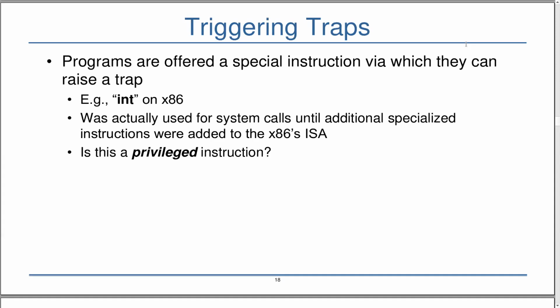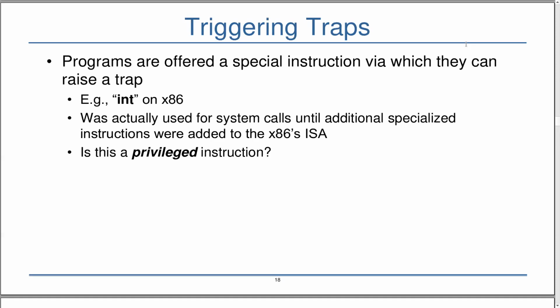So int is still not perfect. I actually didn't ask this question yet: int is unprivileged. So why is that? Because it was used to do certain system calls, as the slide says. Yes, but the reason I ask is that it's a tricky question, kind of a chicken and egg problem.